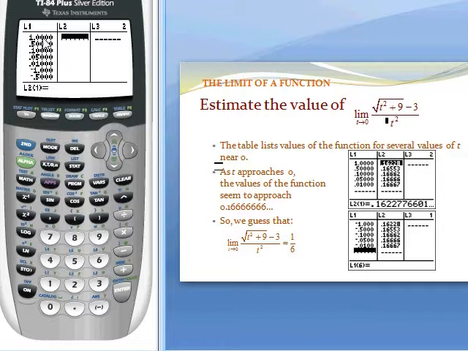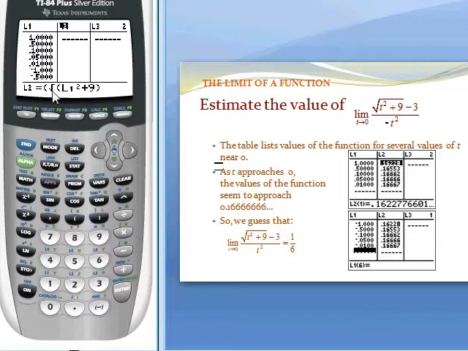I pre-entered the values you see in L1. Now I'm going to enter the formula for L2. Push enter to enter the values. I will have the left parentheses because that whole thing is going to be the quantity. I'll put square root, now L1 squared, plus 9.